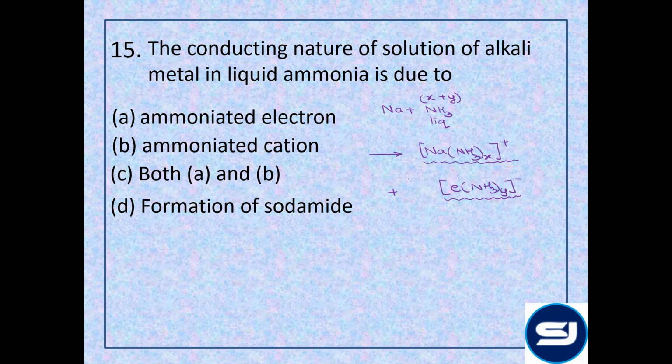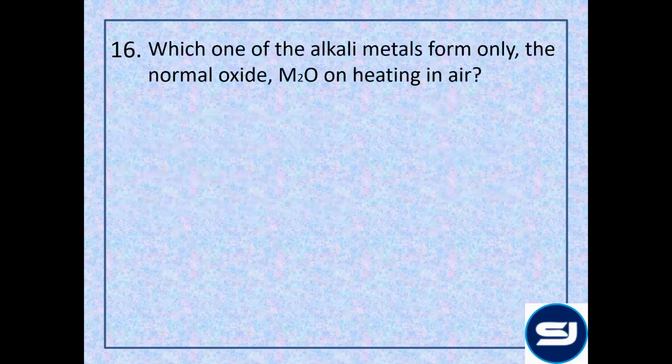And if the solution is allowed to stand for a long time, it will finally break down to give sodamide and release hydrogen gas. ये था important points. तो आंसर है C. Which one of the alkali metals forms only the normal oxide on heating in air?